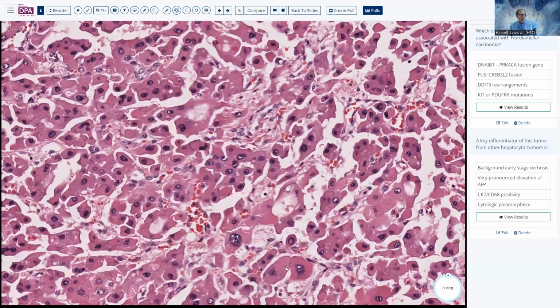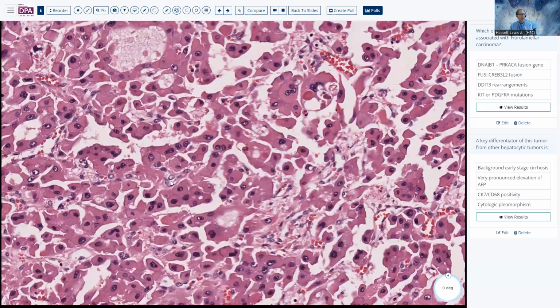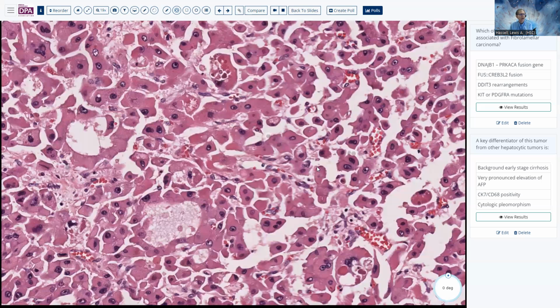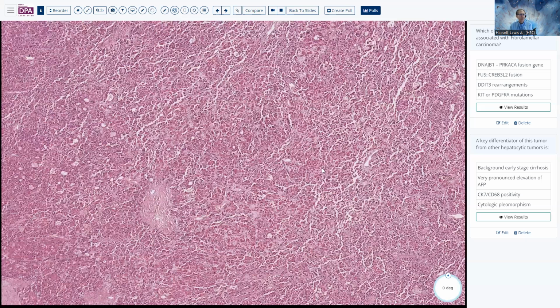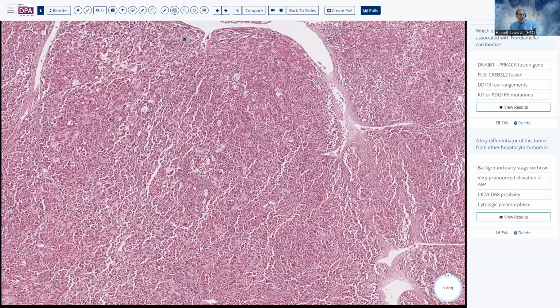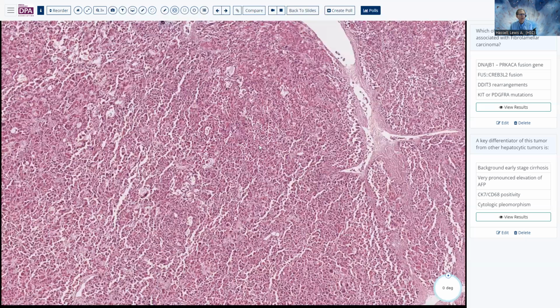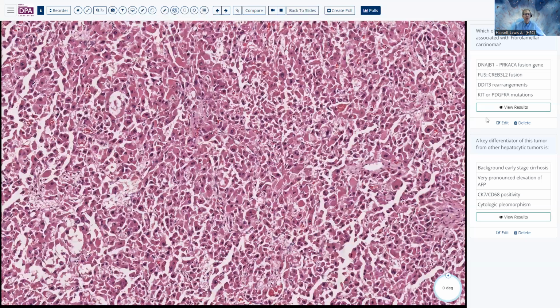We do, however, see very oncocytic type cytoplasm and marked nuclear pleomorphism, and so that appearance is certainly very consistent with fibrolamellar carcinoma. Recognize that this is a tumor that can have some variation in terms of morphology. We often think of it as just forming these linear bands of lamellae of fibrous tissue, but here's a situation where that's not the most prominent feature.